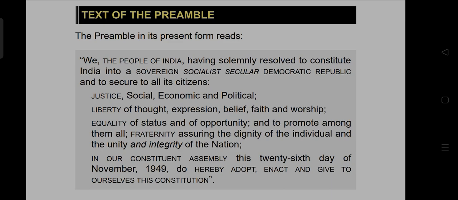In our Constituent Assembly, this 26th day of November 1949, do hereby adopt, enact, and give to ourselves this Constitution.